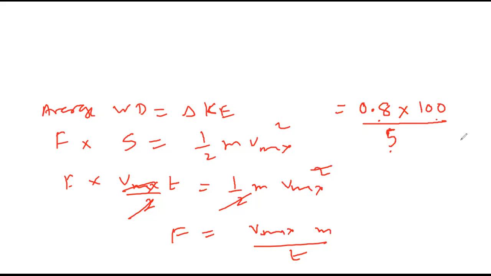So this 2 I cancel. Velocity into 5. V maximum is 5. Mass is nothing but 100. That will become 80 upon 5. According to this it becomes 60. One minute, pause this, I will check again later.